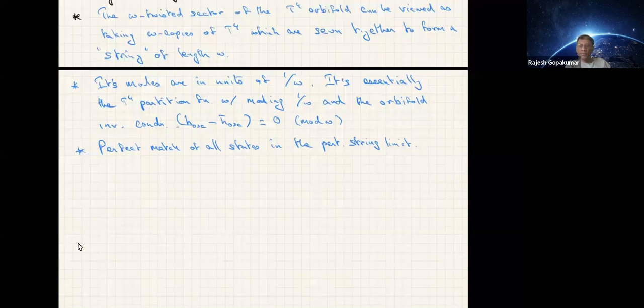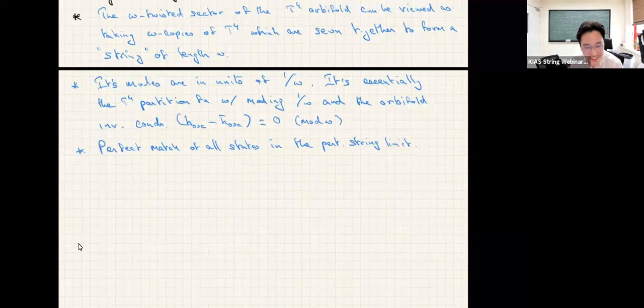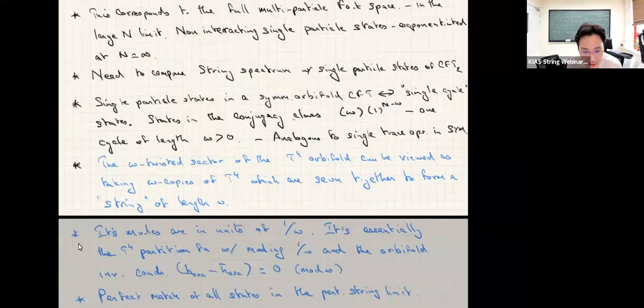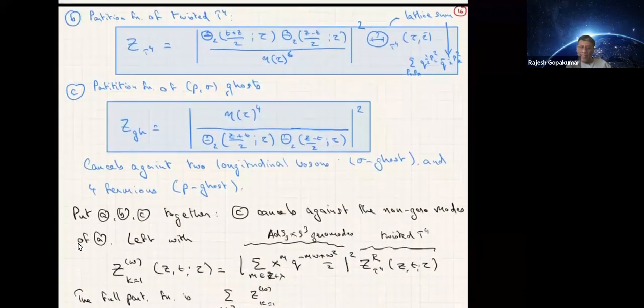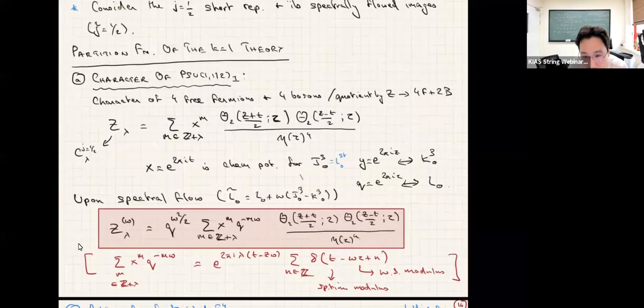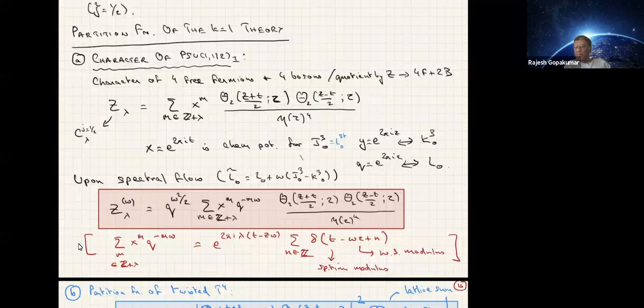This is the condition that on the dual symmetric orbifold CFT, the space-time L0 minus space-time L0 bar is 0 mod W. Yeah, exactly. So there was also Z. X is e to the 2 pi i t, and T is related to the space-time. But the Z in this argument? Oh, the Z is the K30, the SU2 quantum number, and of course there is also an SU2 quantum number in the T4 orbifold CFT.